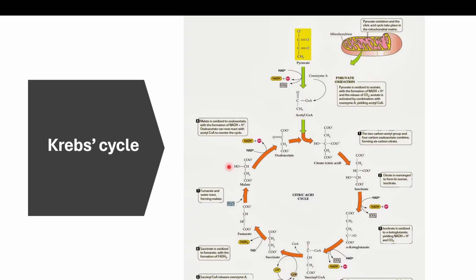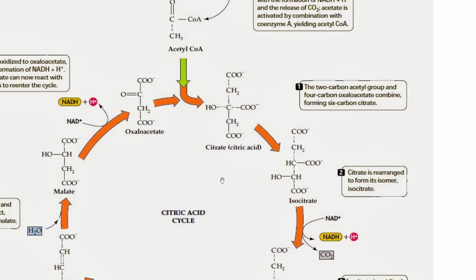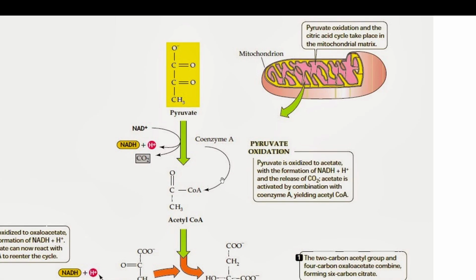Next we come to the Krebs cycle, or TCA cycle. So you have the pyruvate molecule from the glycolytic pathway. Now pyruvate is oxidized, and the citric acid cycle, or Krebs cycle, or TCA cycle, takes place in the mitochondrial matrix.